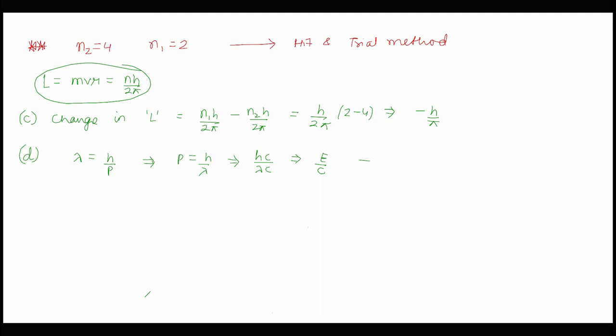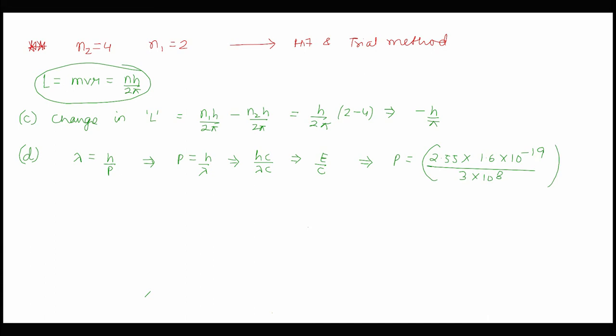From here we can calculate p as the energy value 2.55 multiplied by 1.6 into 10 to the power minus 19, so that we can convert it into joules, divided by the speed of light, 3 into 10 to the power 8. So this is the value of the momentum of the emitted photon.